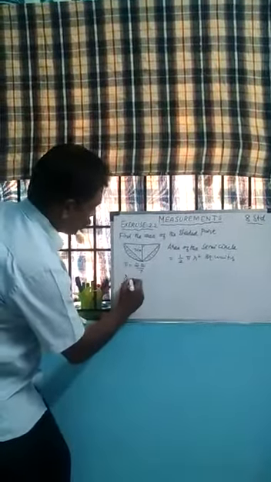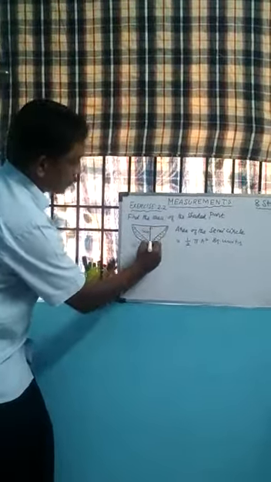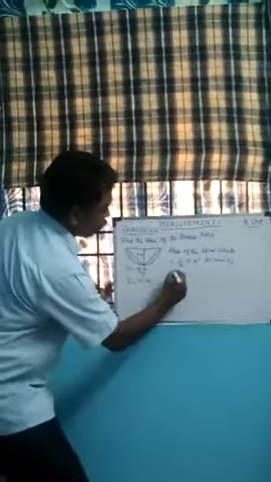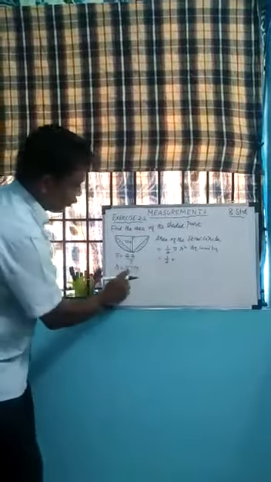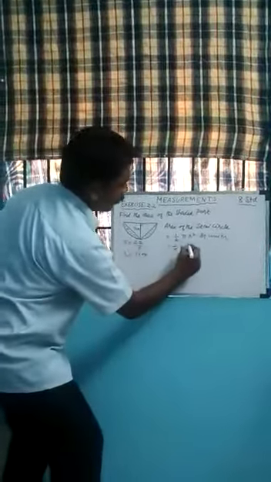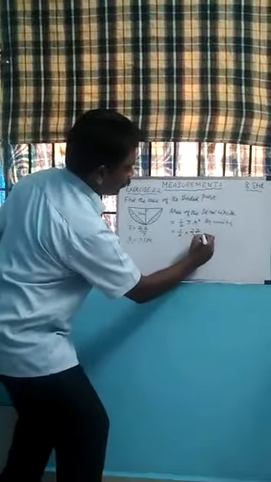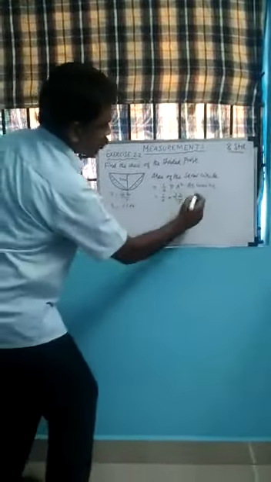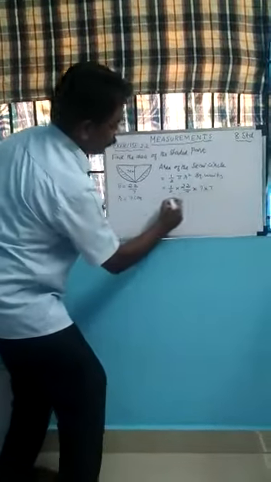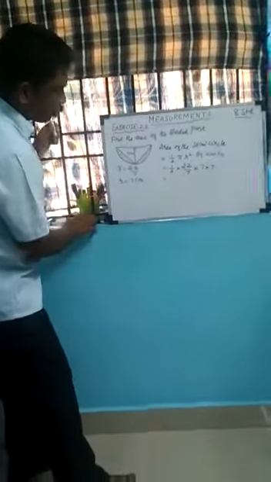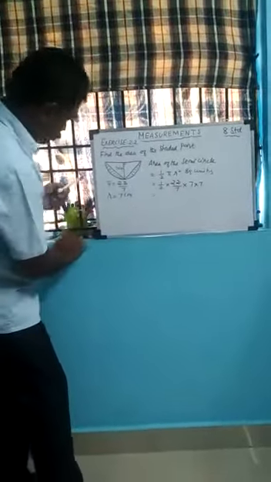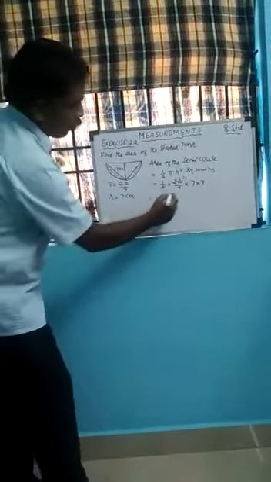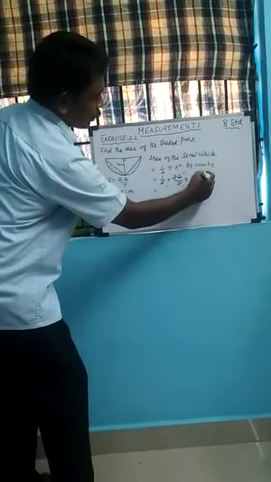R equal to radius of the circle. This is the radius of the circle, 7 centimeter. We can substitute the value: 1 by 2 into pi value 22 by 7, into R squared, 7 into 7. 1 2 is 2, 11 2s are 22.